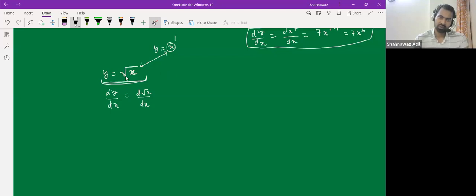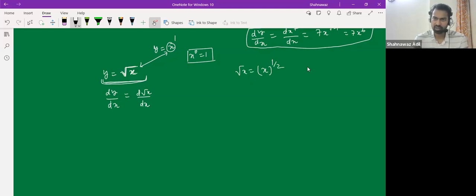How do we represent the square root in powers? Root x is x to the power half.